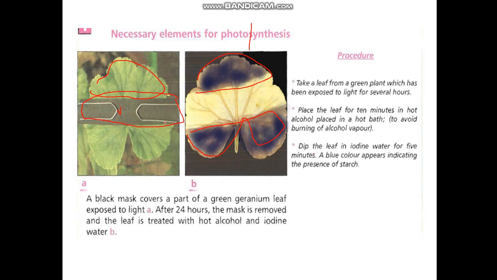Now I want to ask you a question. What is the objective? Why did we do this experiment? To study the importance of light during photosynthesis. Excellent.